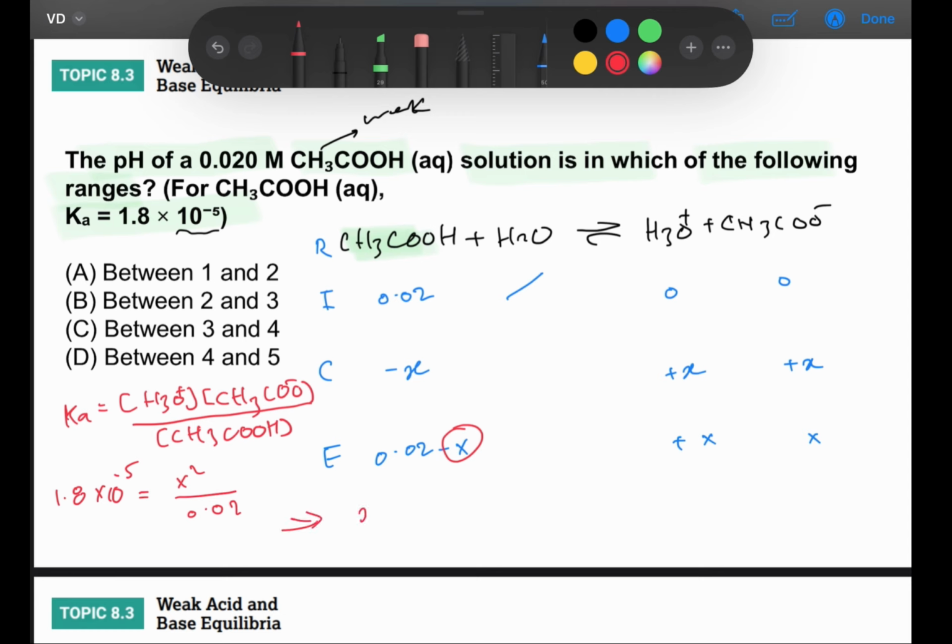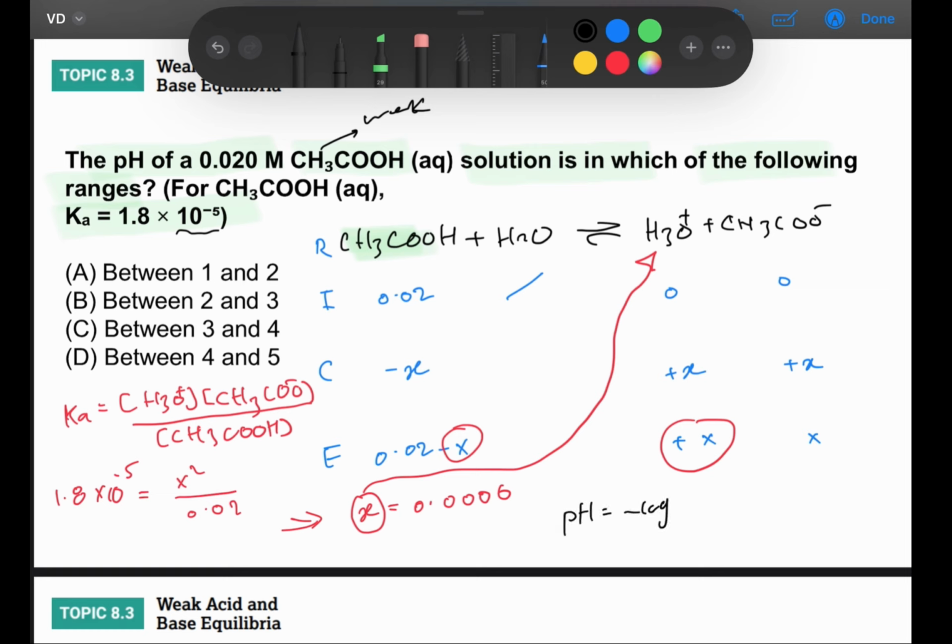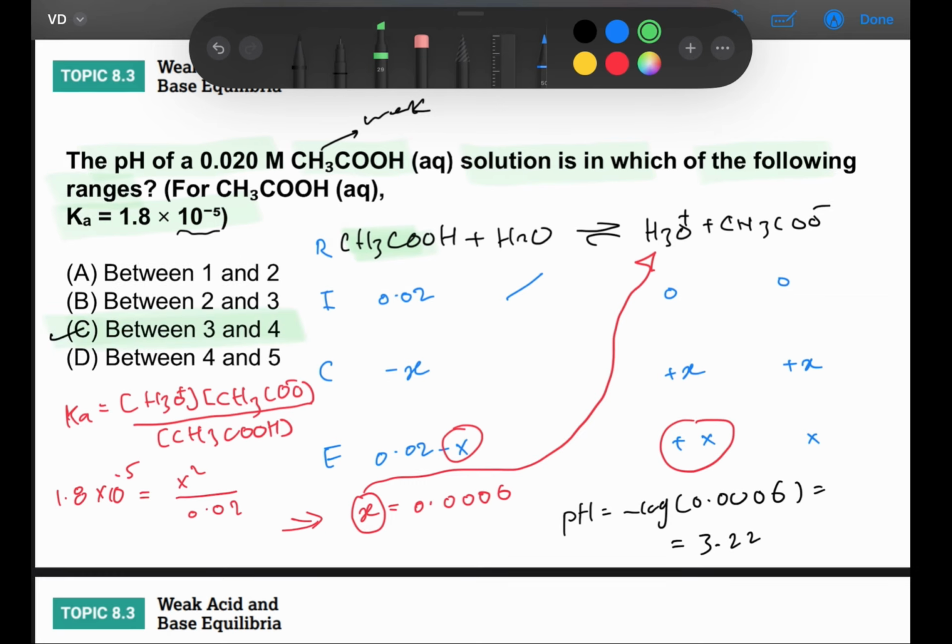You apply some math, you will end up with the value of 0.0006. And since the x here represents the concentration of H3O plus, the value of pH is going to be the negative log of 0.0006, and the answer is equal to 3.22. So your answer is going to be C.